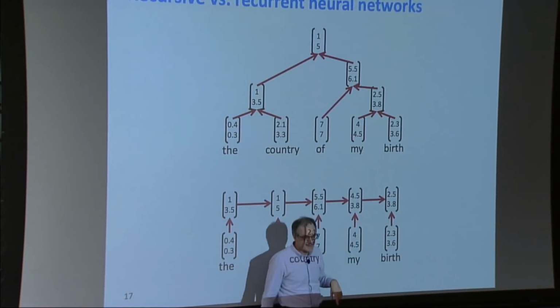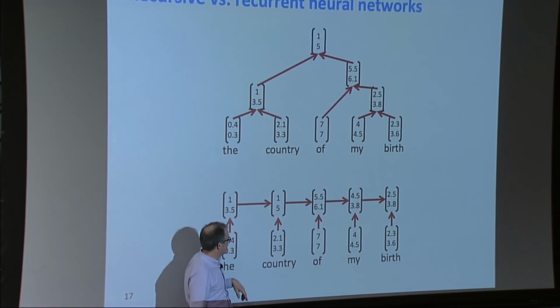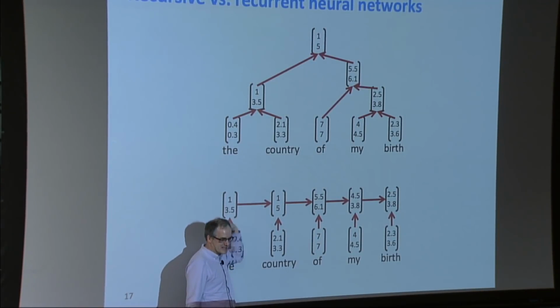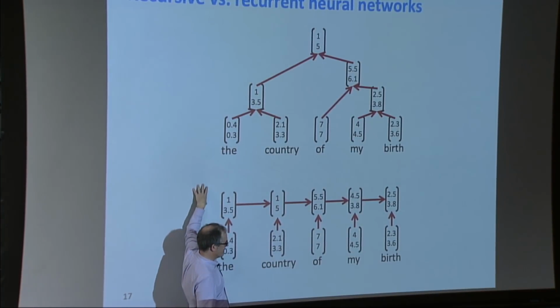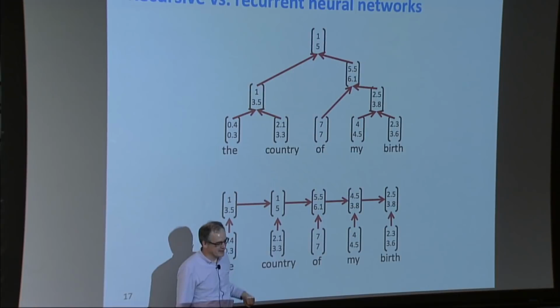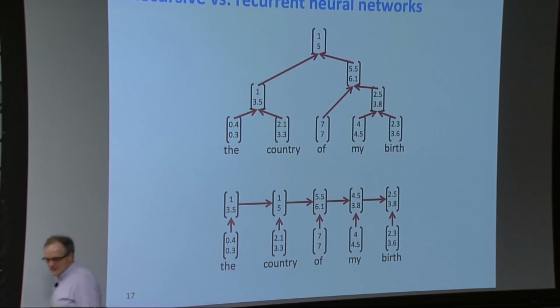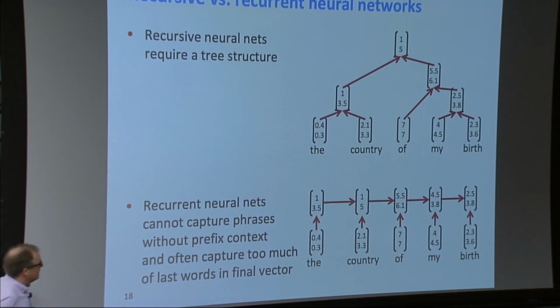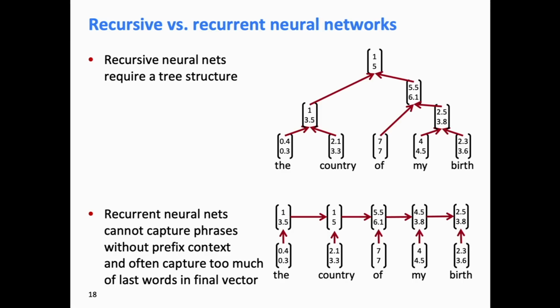You could either say that's the meaning of the country of my birth, or we talked about other tricks like doing max pooling across all of these, or you could have a separate node out here which does attention over these.